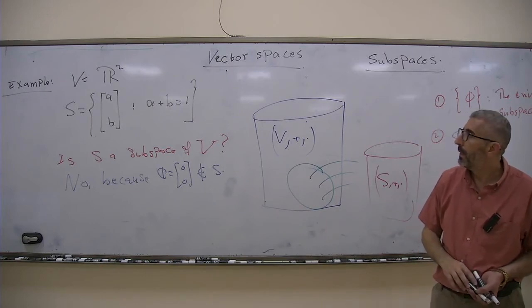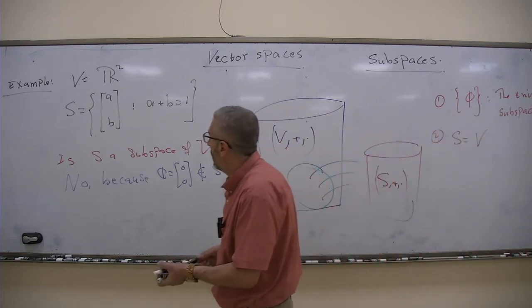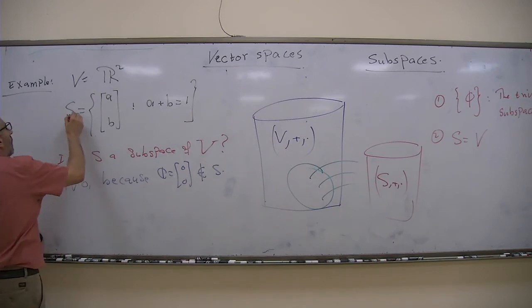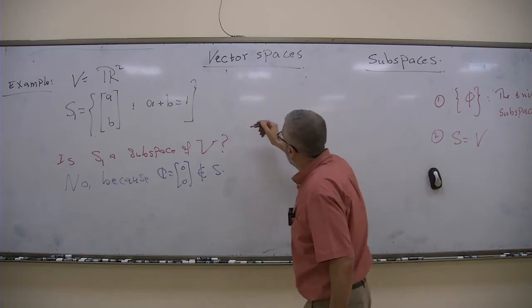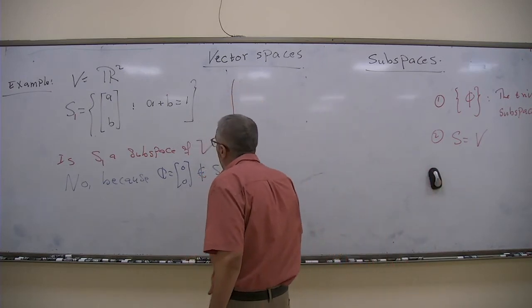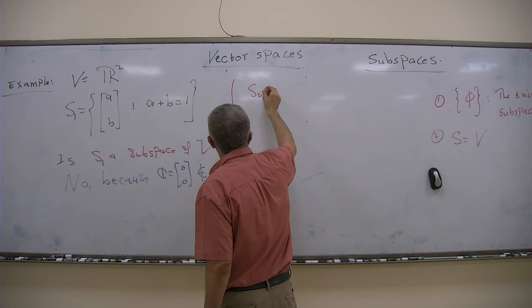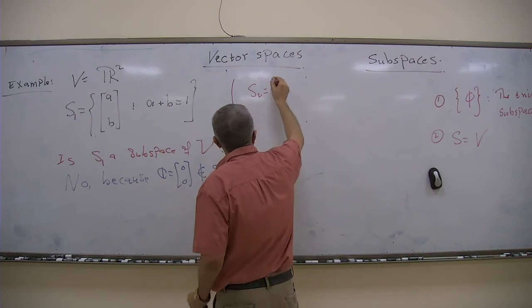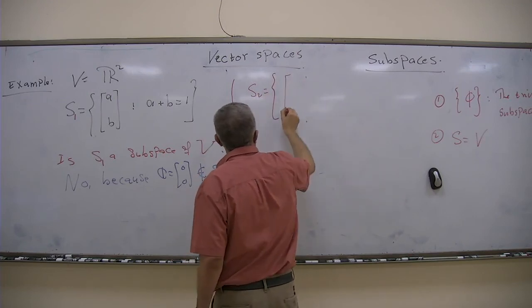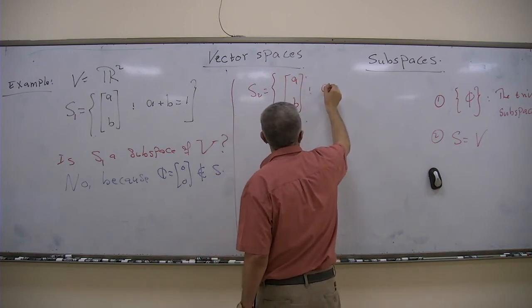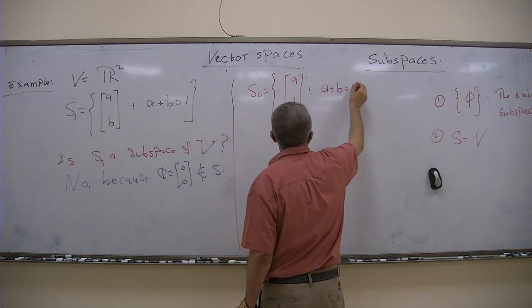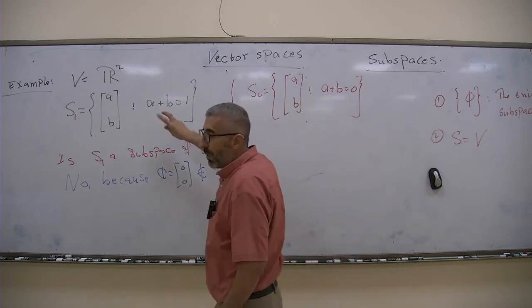Okay? So here, let me call this S1. Here, let me take S2 to be (a, b) such that a plus b is 0. So I twisted this a little now.